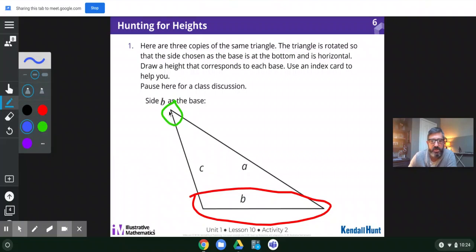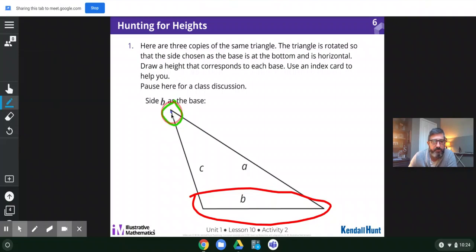Well, this is one of those examples. Let me back up for just a second. When we're drawing a perpendicular line from the base, I would always encourage you to start at the opposite corner, or the opposite vertex, and draw a line to the base. Like I just mentioned, this vertex just happens to fall outside of the triangle to the base.